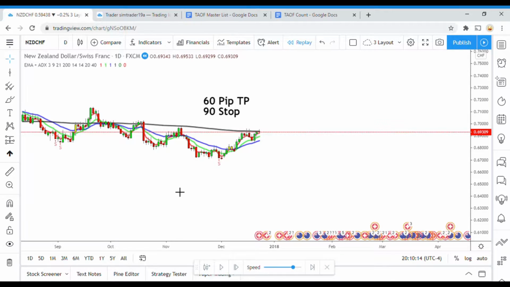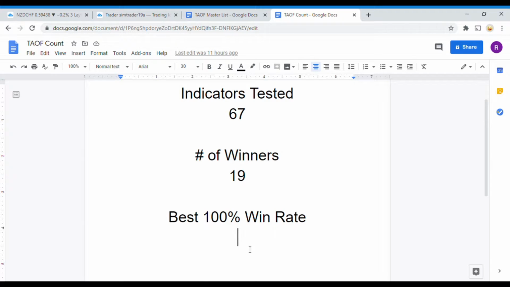Alright, as I said, today we will be testing the EMA plus ADX indicator. But before we do, I want to put the indicator scoreboard up for everyone to see. To date, we have tested 67 indicators, and out of those 67, 19 have been winners, which means that they have met or exceeded the 60% win-loss ratio threshold that we have set.